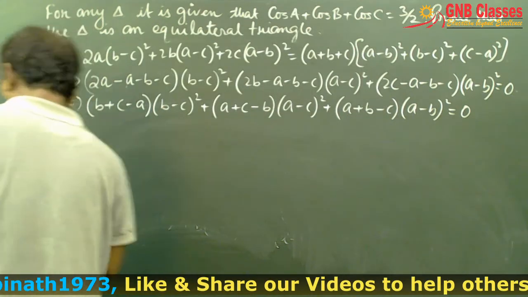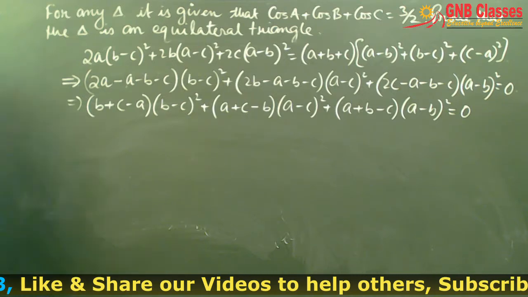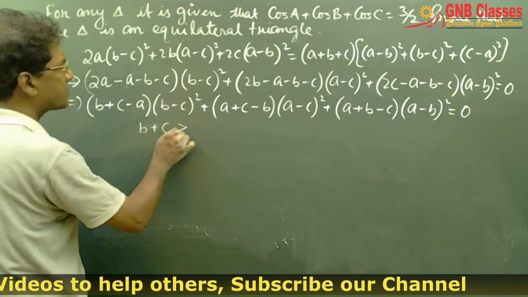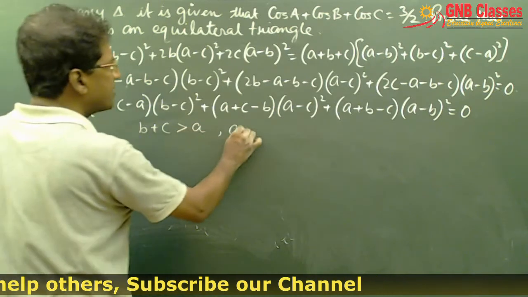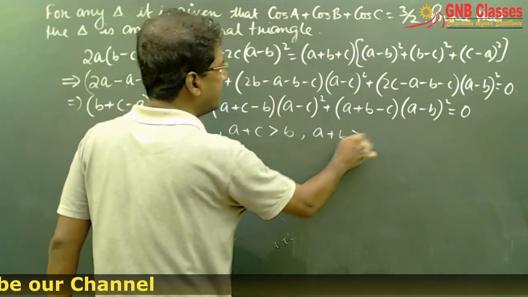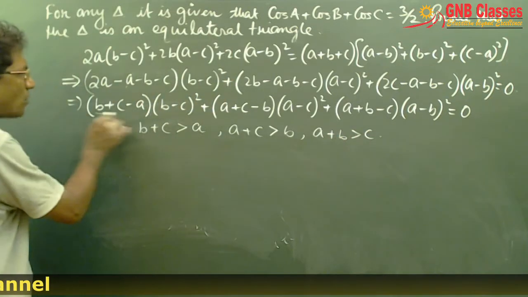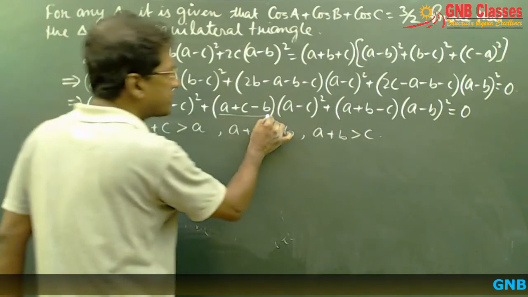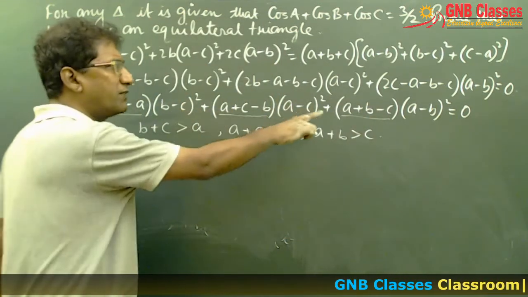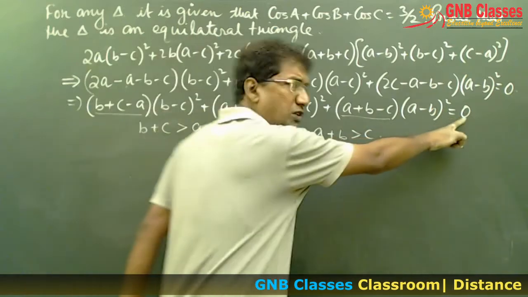the sum of two sides is always greater than the third side. Therefore, we must say that B plus C is greater than A, A plus C is greater than B, and A plus B is greater than C. Therefore, this is positive, this is positive, this is positive, right? But the sum of these three positive numbers is equal to 0.